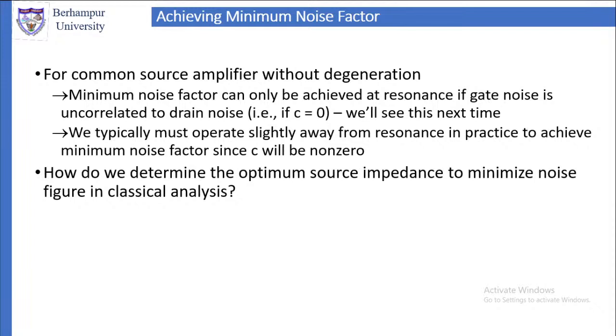We typically must operate slightly away from resonance in practice when using the amplifier to achieve minimum noise factor, since C is never going to be 0. Then the question is, how do you determine the optimum source impedance to minimize the noise factor in classical analysis? That is a question that we require to answer.